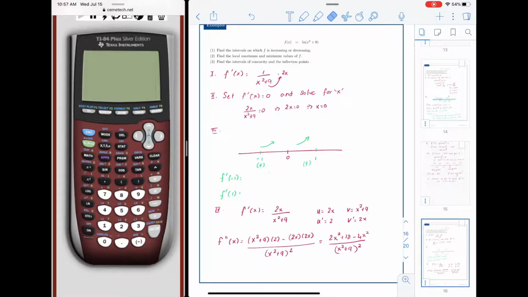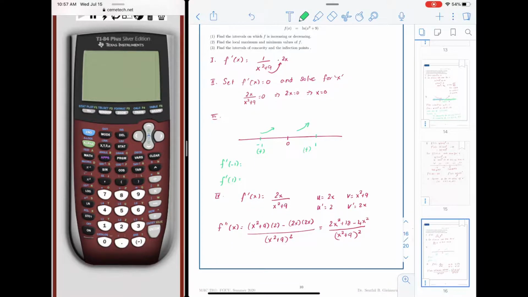I made the mistake that I should not have made. We should plug it into the derivative, not the original function. I keep advising you that, and I made the same mistake. So 2 times negative 1 divided by a positive number would be negative 2, and 2 times positive 1 divided by a positive number gives me positive 2.